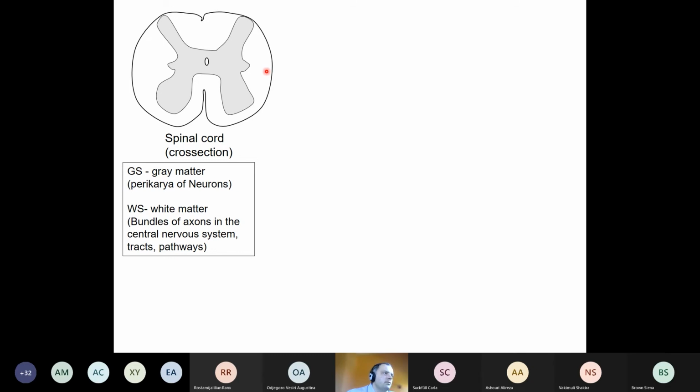The gray matter will be the area where the nerve cells, the neurons, are found, and in the white substance or white matter, we have the nerve fibers traveling the pathways. We don't talk about those today.